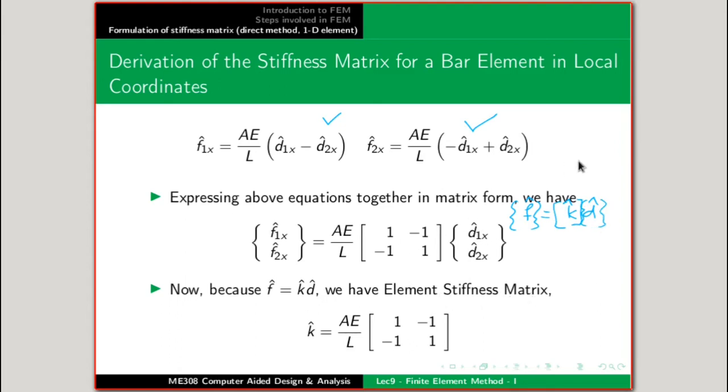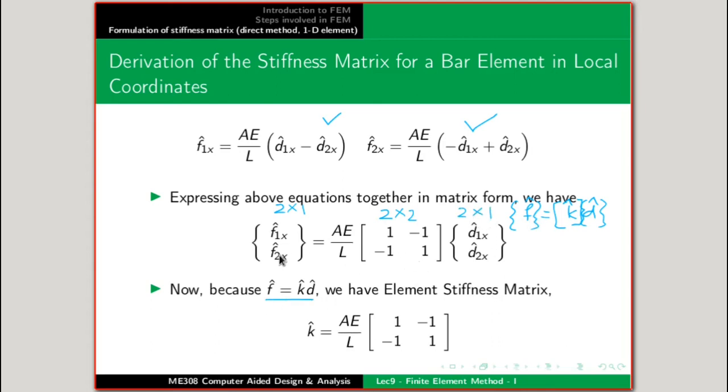Since we had a two noded element, we have F1x and F2x only. The column force vector will be 2 by 1, the element stiffness matrix will be 2 by 2, and our displacement vector will be again 2 by 1, because F is equal to KD.